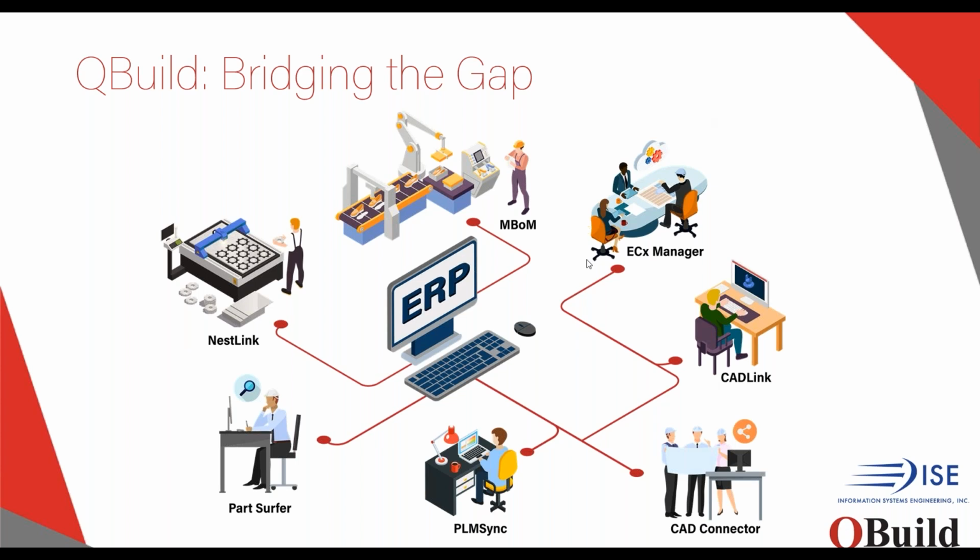We also have ECX Manager, which Tony talked a bit about. This is our web-based engineering change management solution. It allows you to create and manage engineering change requests, engineering change orders, and engineering change notifications, and integrate all of those directly with your Infor XA ERP.